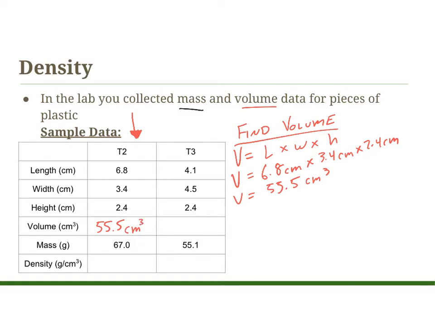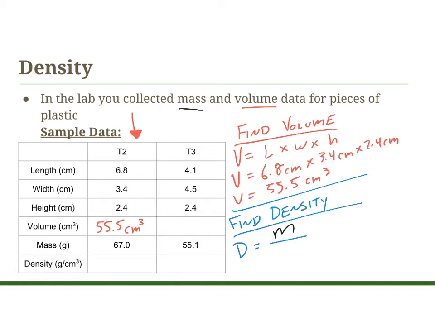So the next thing that I have to do is find density, and I do that by using the density formula, which is density is equal to mass over volume. And so I'm going to use the volume that I just calculated and the mass that was found in the lab to calculate the density of that particular piece of plastic.